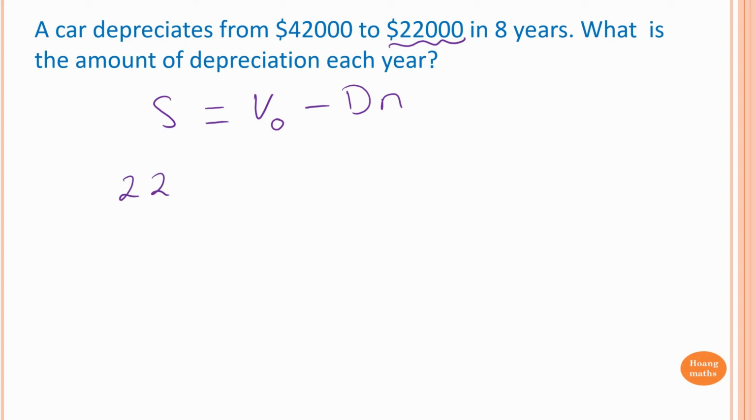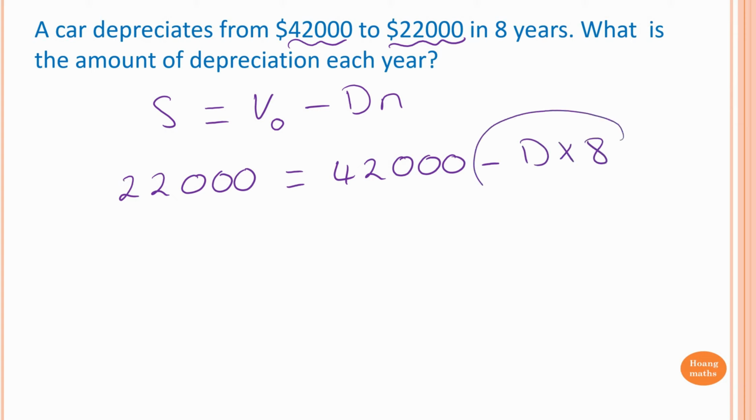I just write this down. So 22,000 is equal to V naught, that is the purchase price, which is 42,000, minus D, we're not sure, so we just write it down, D times N. N is 8 years.